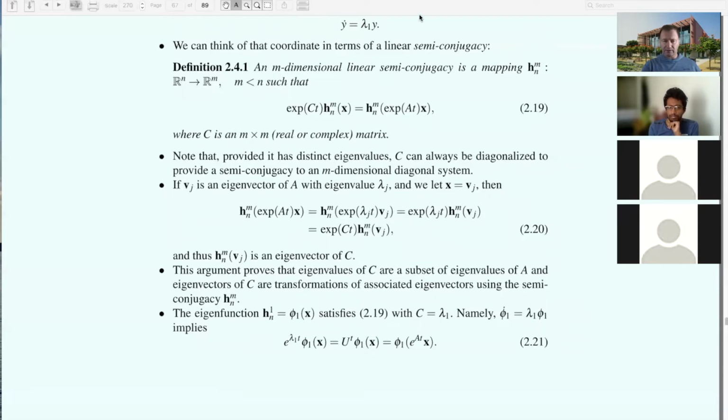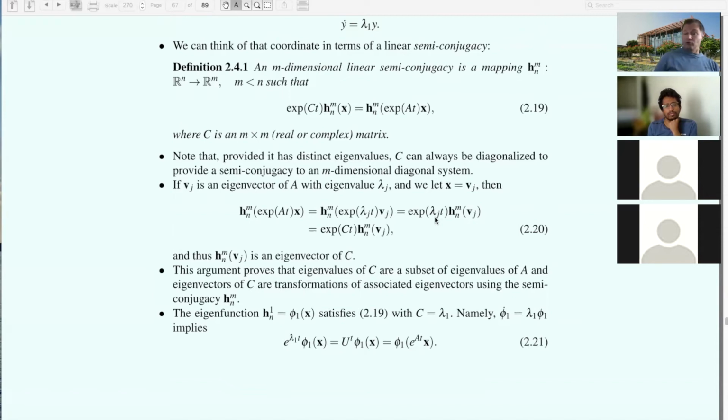So if you look at this, you're going to see immediately that this vector H_nm Vj, which is an m-dimensional vector, is in fact an eigenvector of the matrix of the dynamical system that is defined using the matrix C. So as before, the eigenvalues of the reduced system, or of the conjugate, in this case semi-conjugate, system, are the eigenvalues of the original system.